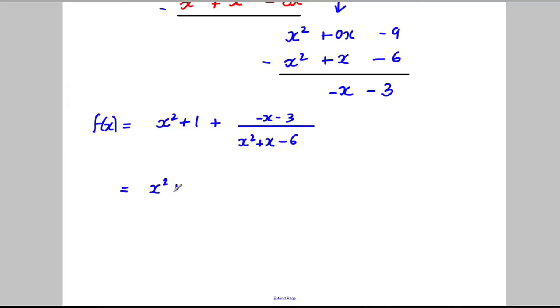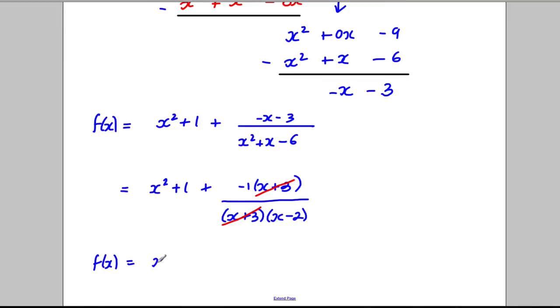What you can do is a factorization. You can factorize a negative 1 out of the top, and the bottom can be factorized to x add 3, x take away 2. And in that case, you can divide the top and bottom by the common factor of x add 3, and your f of x suddenly simplifies into x squared add 1, take away 1 over x take away 2, like that.